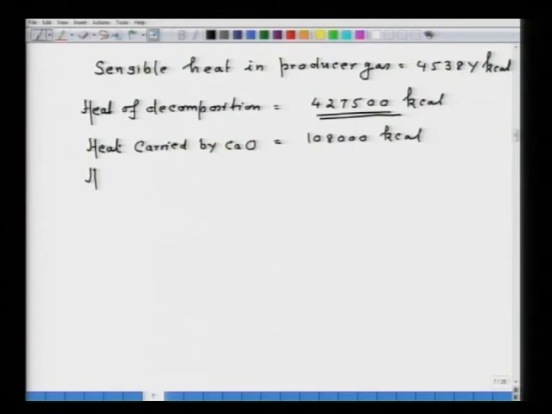Now, heat carried by flue gases will be equal to 19870 plus 1978.5 Y. Now, all that you have to do is the heat balance.